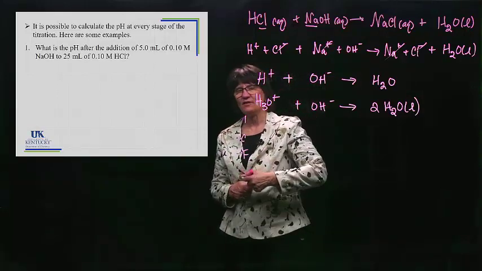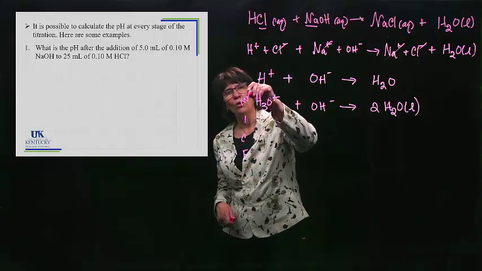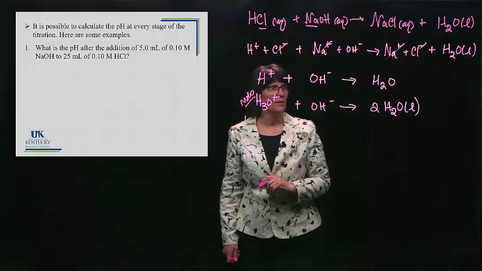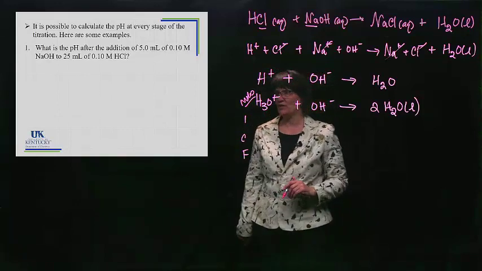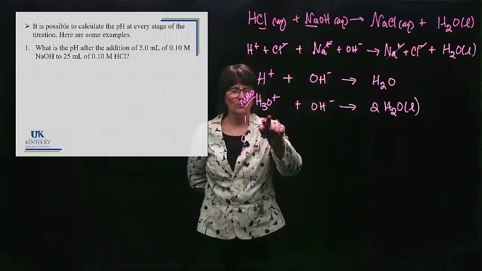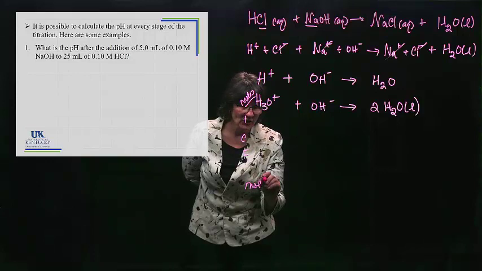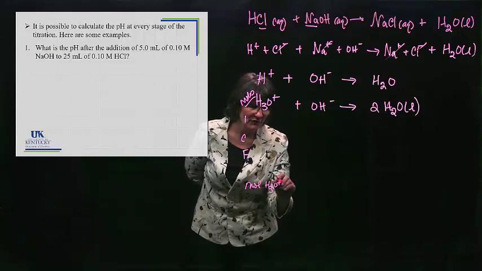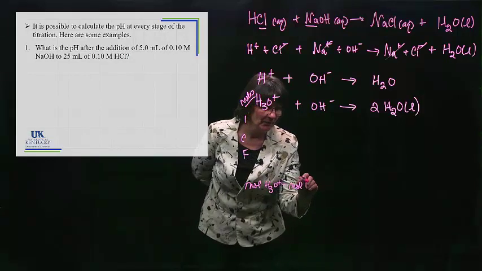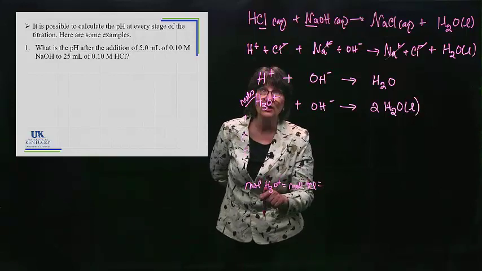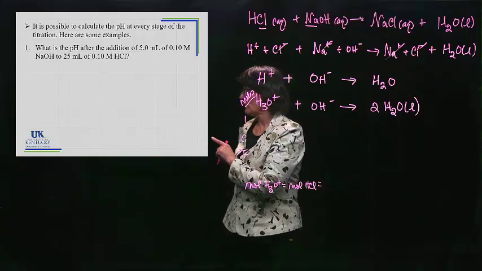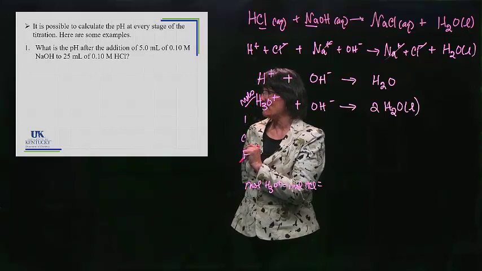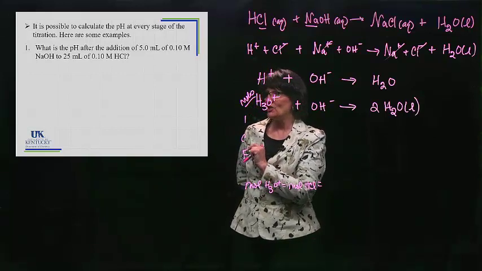This is an ICF table, and you must plug moles into an ICF table. So we need to know the moles of each of these. Let's start with the moles of H3O+. This is from my HCl. That's the source of my H3O+. So I look over here with my HCl, and I have 0.1 molar HCl.